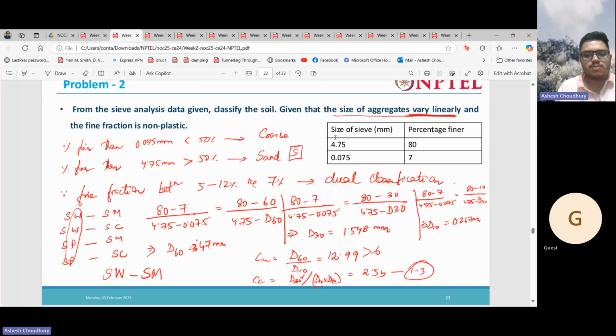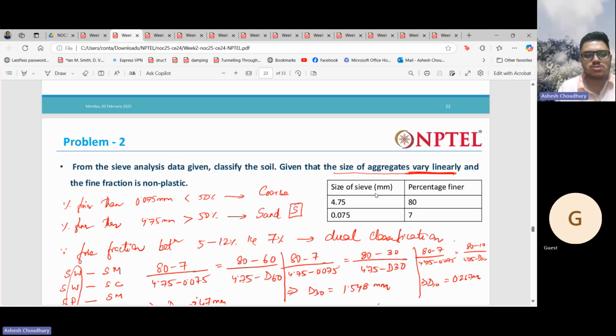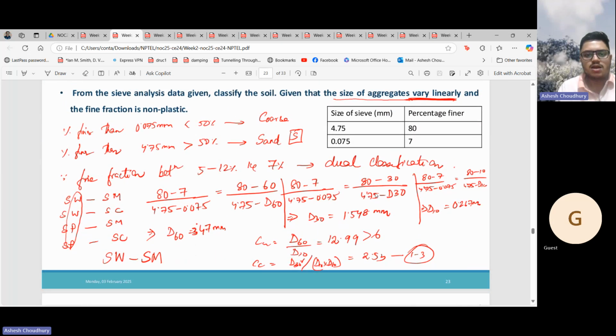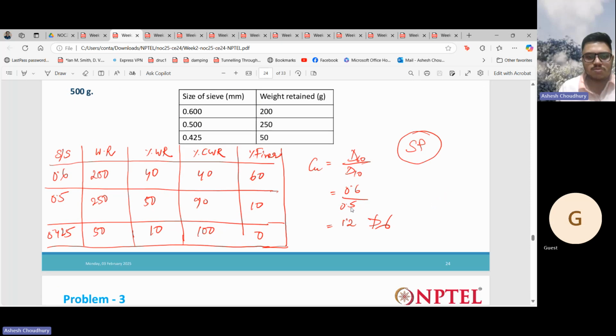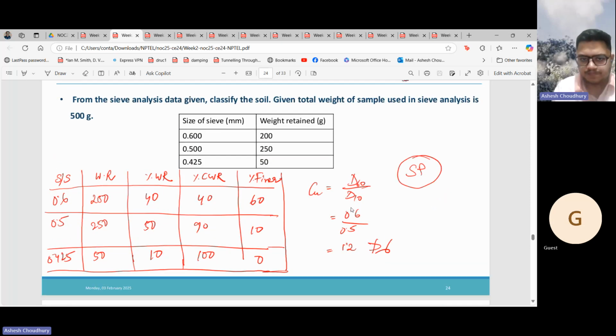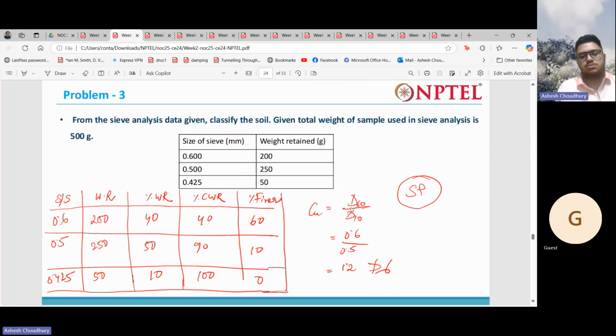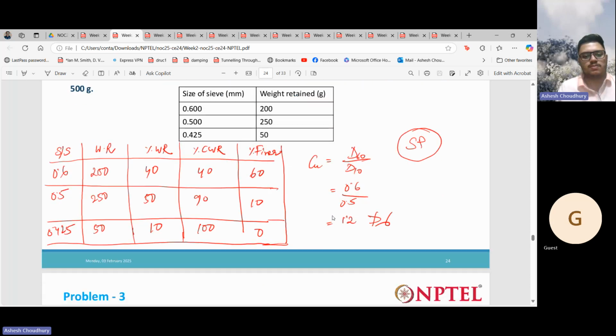Then we solved similar problems. From the sieve data, classify the soil, given that the fine fraction is non-plastic. This is similar, so let us not repeat it. Grain size distribution data was given, percent finer, and we calculate Cu and Cc to tell whether the soil is well graded or poorly graded.